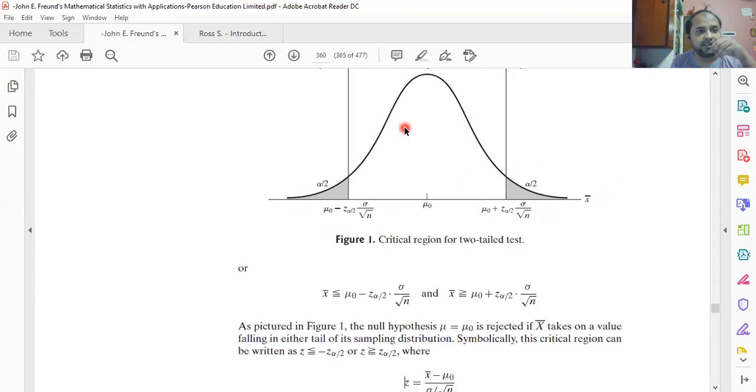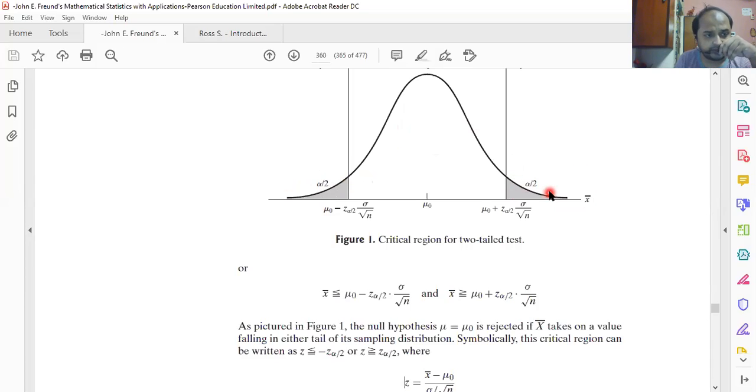Similarly, you can consider the 99% confidence limit as well. If you are considering 99% confidence limit, your alpha becomes 1%, that is 0.01. And if alpha becomes 0.01, then this portion will be 0.005 and this portion will be 0.005.